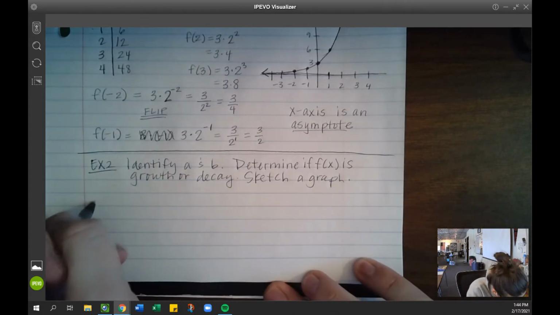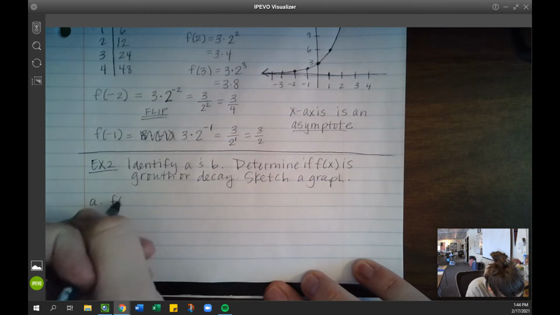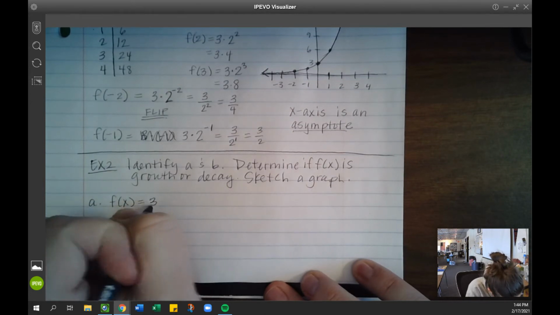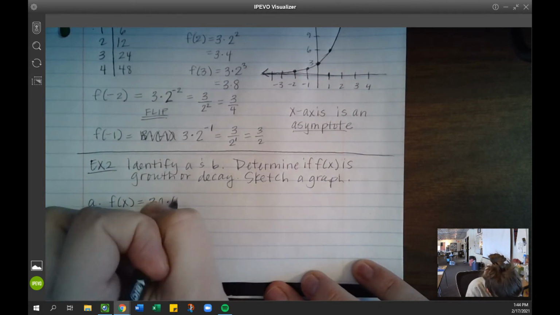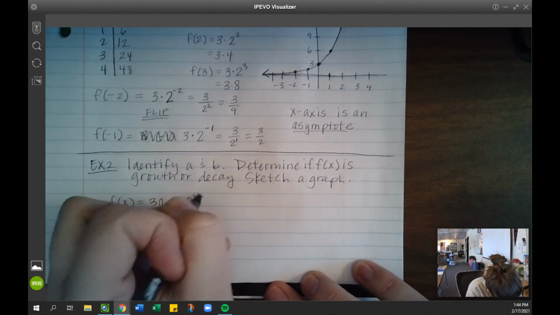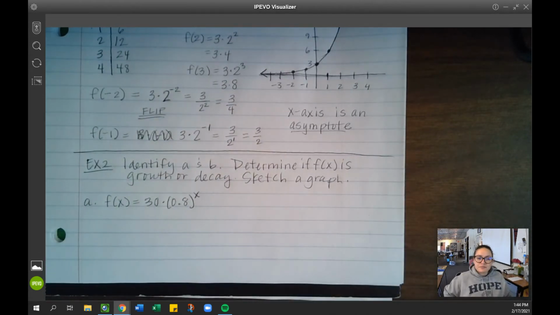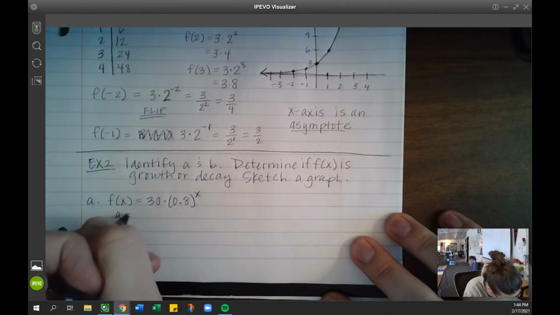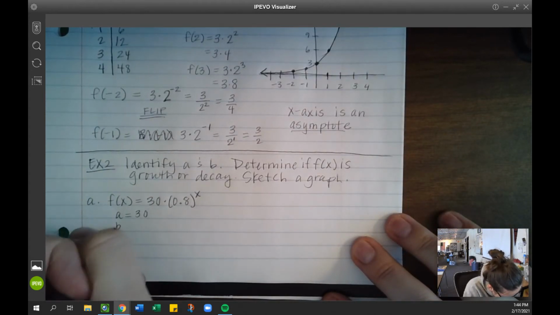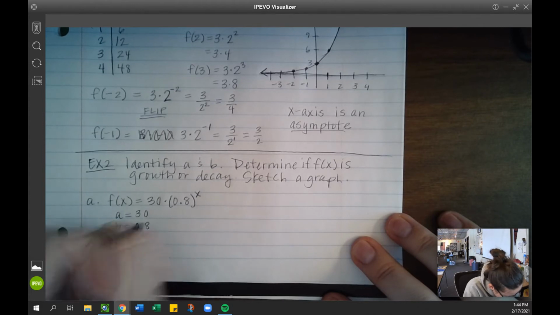Okay, so A, f of x equals 30 times 0.8 to the x. All right, so in this case, our A value is 30 and our B value is 0.8.